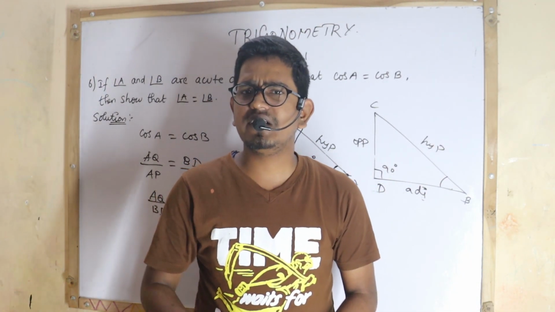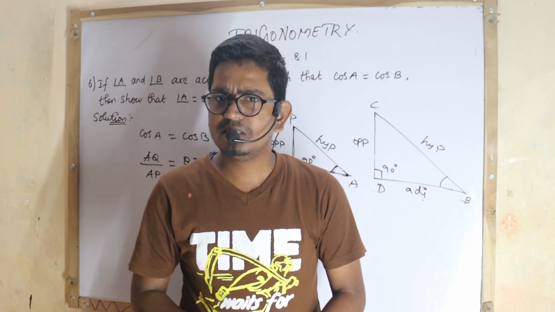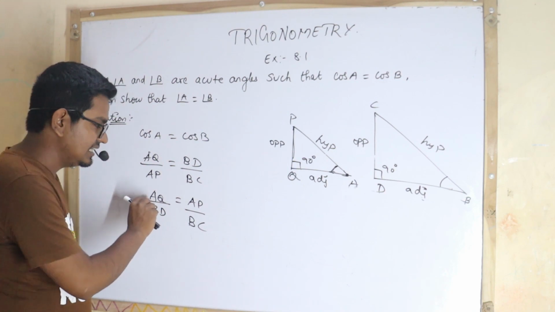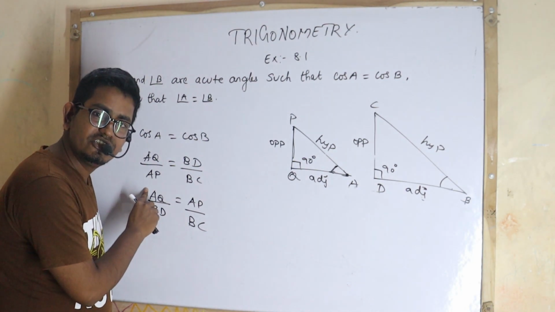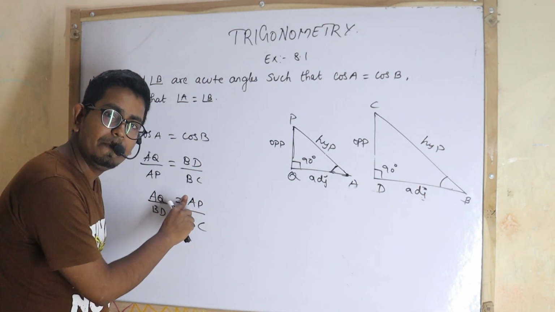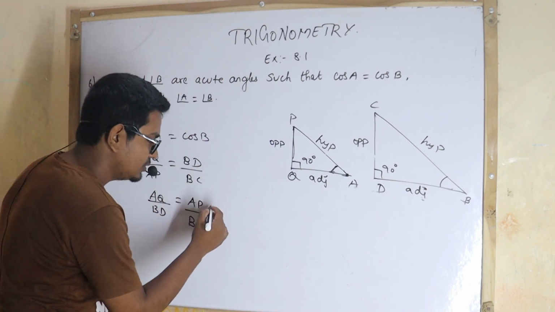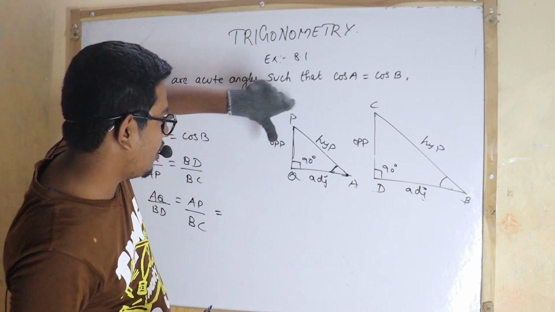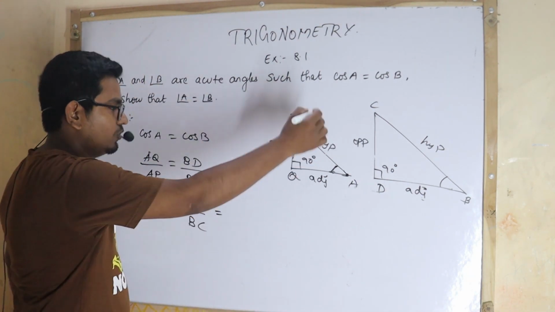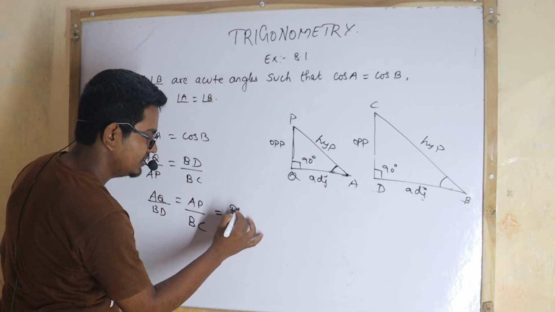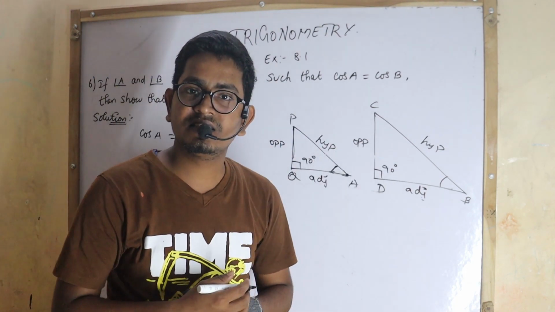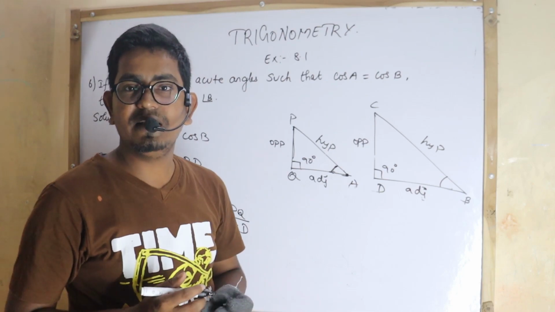What is that similar triangle condition? If the two triangles' adjacent ratio is equal to their hypotenuse ratio, which is equal to their opposite ratio, that is PQ upon CD, then we can say that the given triangles are similar.